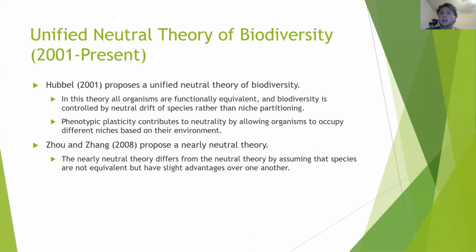An example that he uses of this is phenotypic plasticity, because if organisms can show different or occupy different niches in these different environments, then they're functionally equivalent to each other. So a plant that can be both a tree and a shrub can be equal to either a tree or a shrub, for instance.